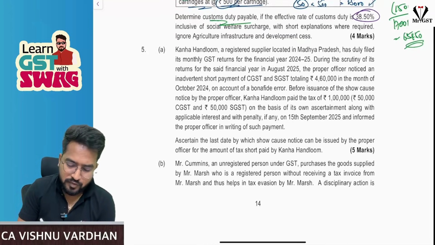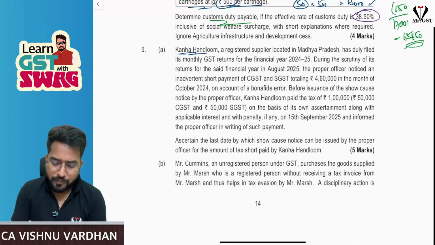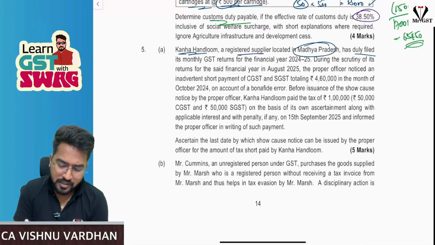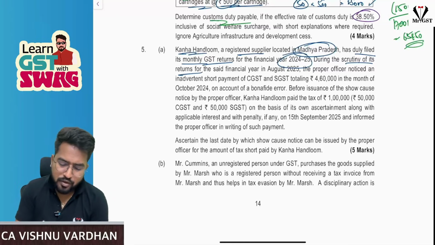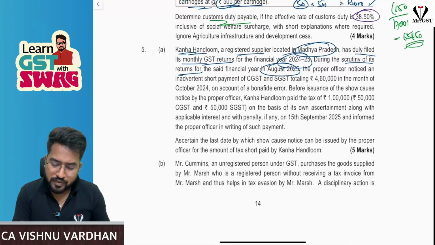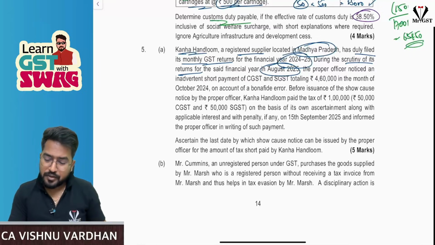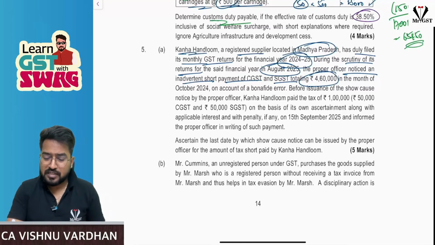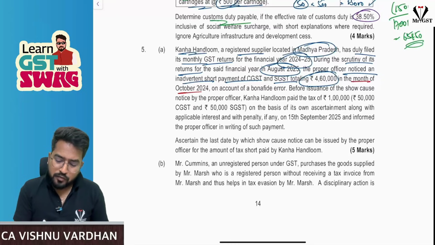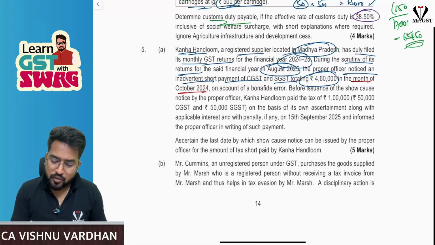So the next question, number 5, sir: Kanna Handloom, a registered supplier of Madhya Pradesh, filed monthly GST returns for the financial year 24-25. During the scrutiny of its returns for the said financial year, in August 2025, the proper officer noticed an inadvertent short payment of CGST and SGST, both put together 4,60,000, in the month of October 2024 on account of a bona fide error.